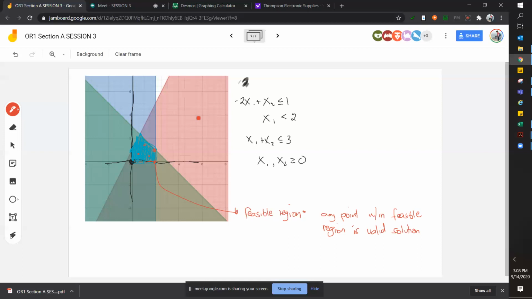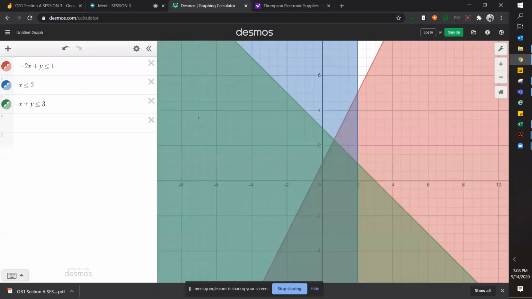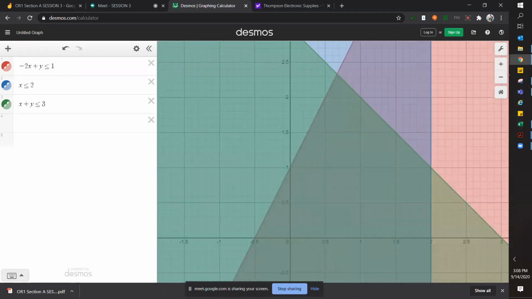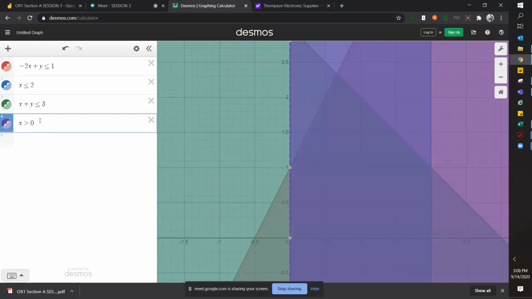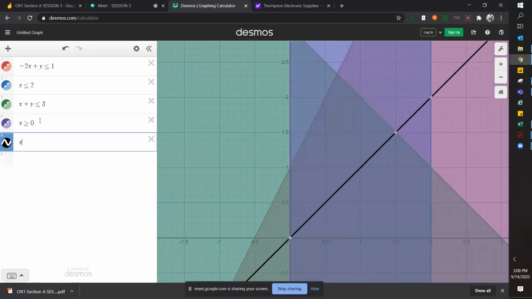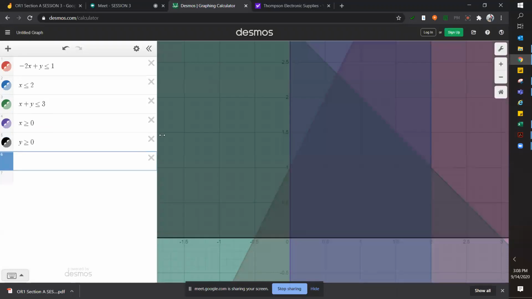Anong ibig ko sabihin ng valid solution? Can you pick a certain point dito sa intersection na yan? Kahit dito na natin tingnan para mas maganda. Guys, can you pick any point dito na valid? Okay. So, yan.